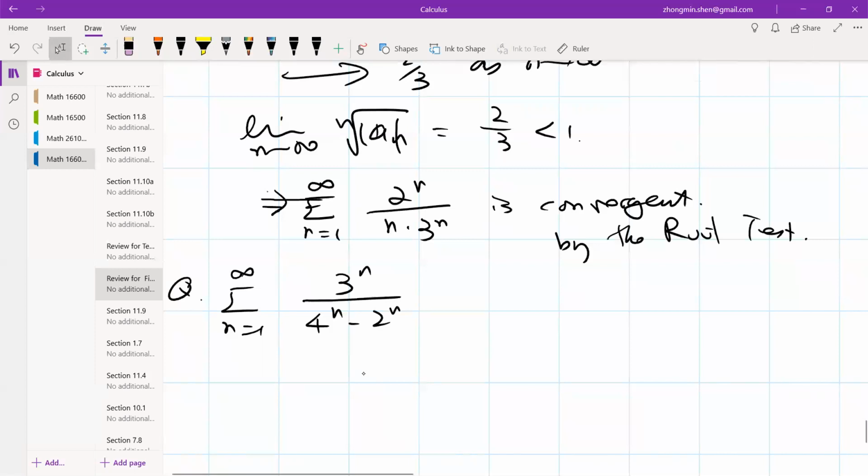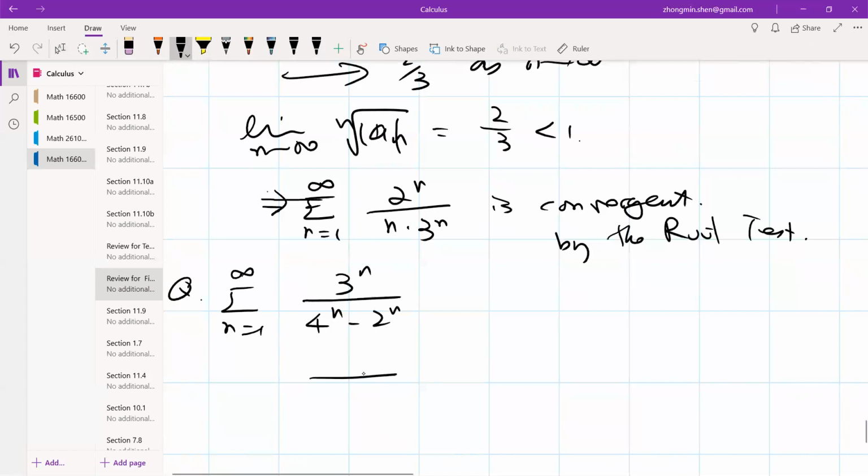But you cannot use a ratio test or a root test directly. The denominator is almost equal to 4 to the n, because 2 to the n compared to 4 to the n is much smaller. So if you want to prove that it's convergent, you have to use a limit.